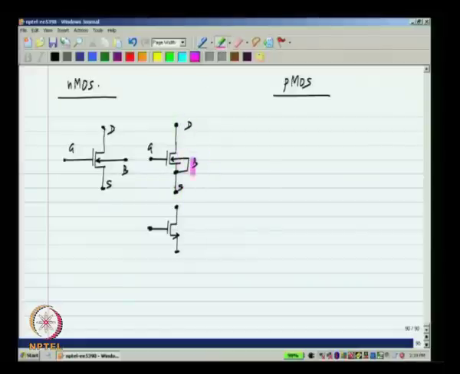And you can see that if the bulk is tied to the source, the threshold voltage equals VT0, the threshold voltage at 0 value of VSB, and we can think of it as a 3 terminal device like this with Vt equal to Vt0. Okay.